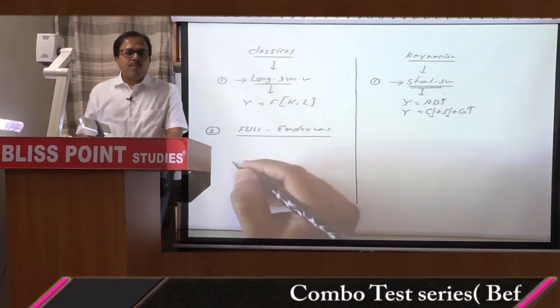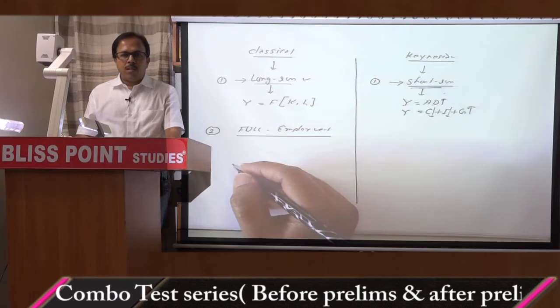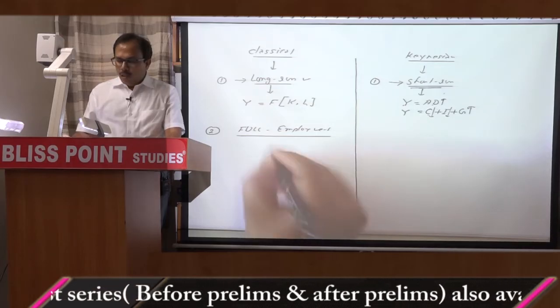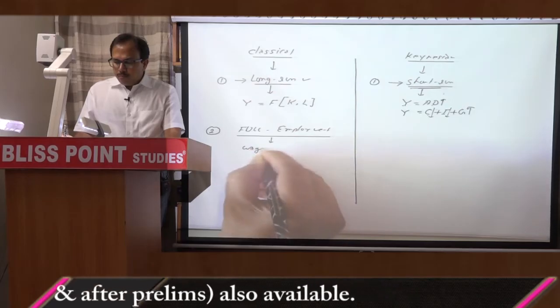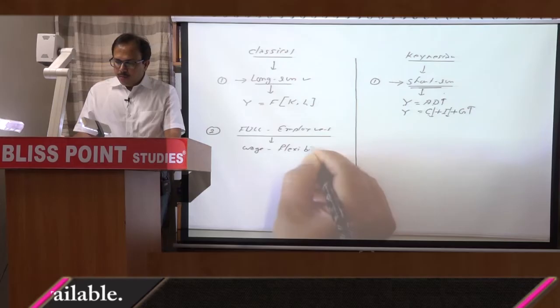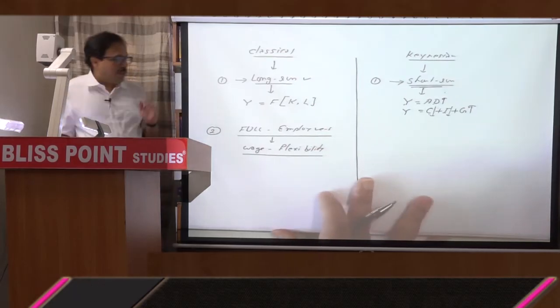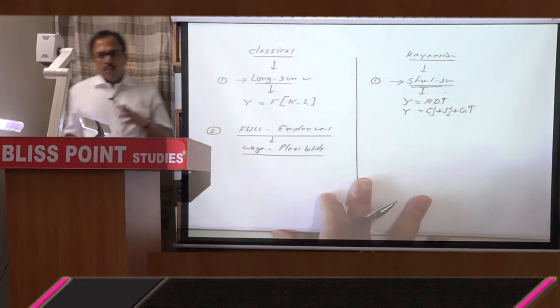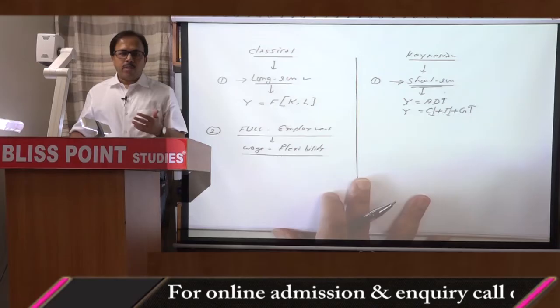Now how is that full employment always guaranteed? Full employment is guaranteed because of wage flexibility. That means in the labor market there is full employment due to flexibility of wage.